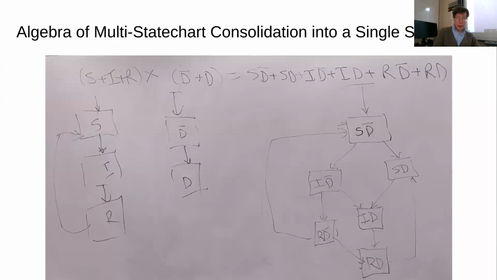So we can characterize these two state charts next to each other as encoding the same information as a single state chart characterized by their product here. Again, with this distribute. So how am I calculating this?